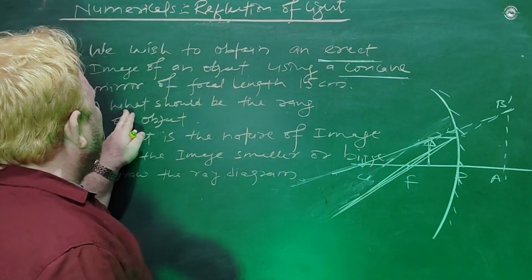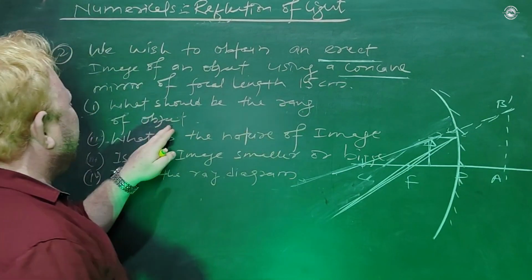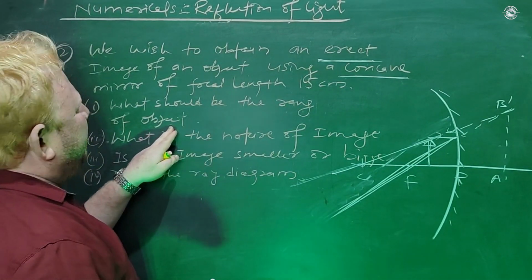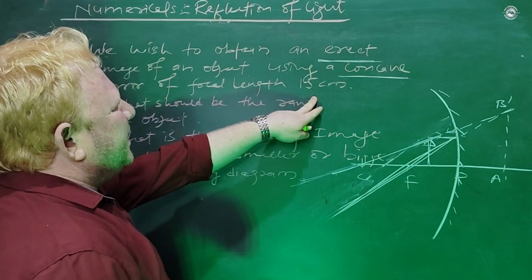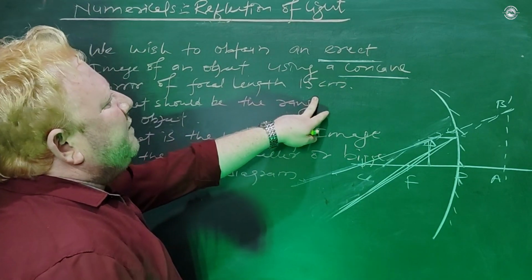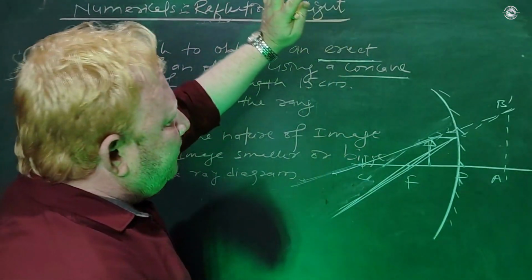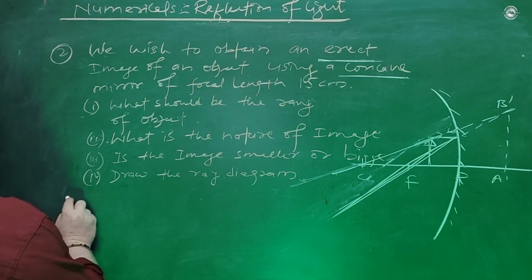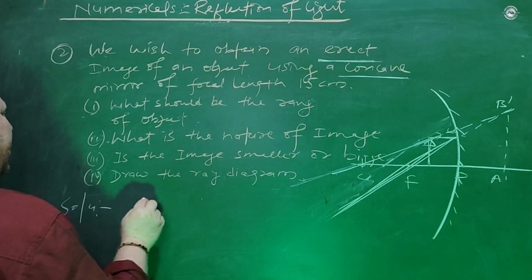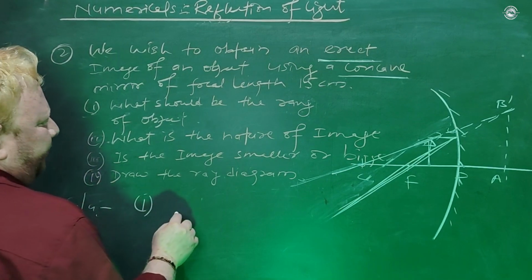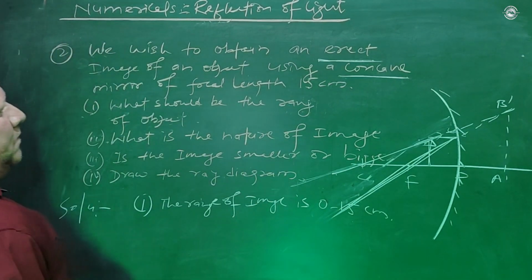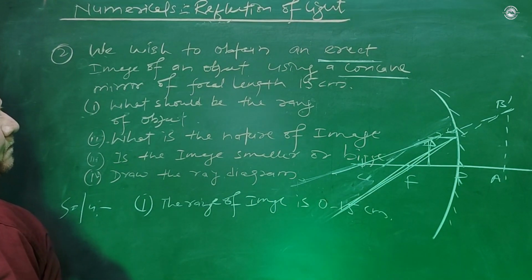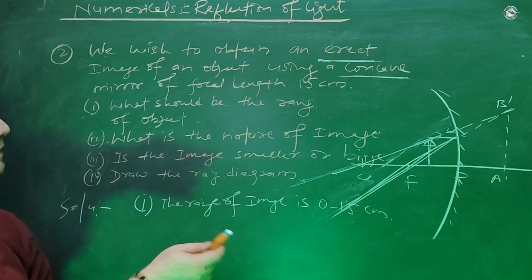Now what should be the range of the object? If the focal length is given as 15 centimeter, then anywhere in between 0 to 15 the object is to be placed. So of course in the solution, I will write it as before 15.